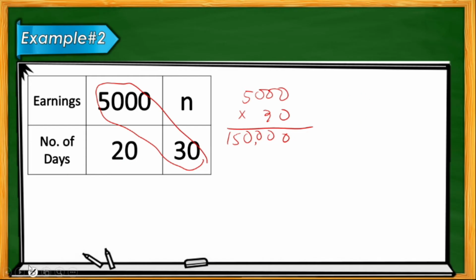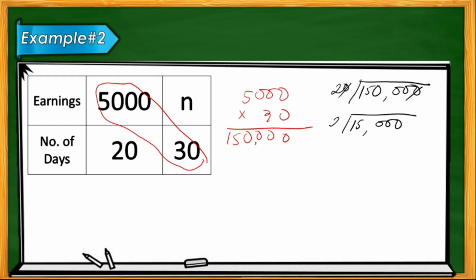So let's divide 150,000 divided by 20. Cancel one 0. So to make it short, we have 15,000 divided by 2.